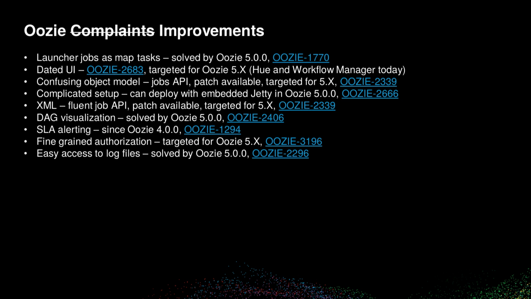Confusing object model, first things first, I would argue that it's really not that confusing. If you're from a drag and drop world, this is not an issue, and I'll show you in the Workflow Manager that it's very easy to understand. I didn't even know about bundles. I've never worked with bundles until I tried Workflow Manager, and I was like, what's the big deal here? It's very simple.